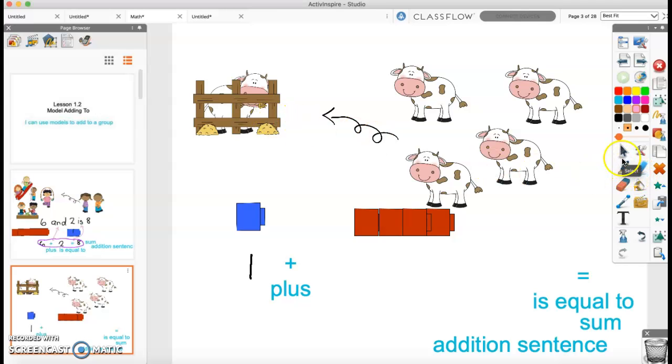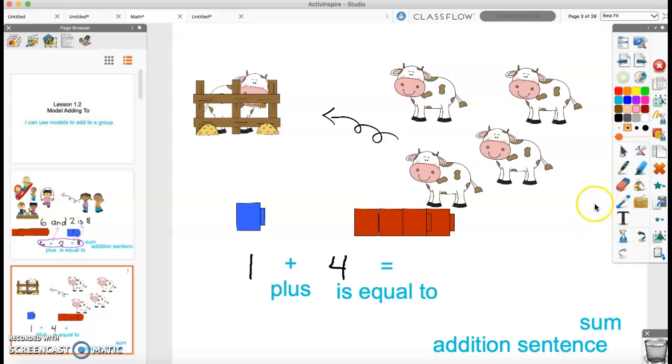I say plus, and I had 1, 2, 3, 4 more cows want to go in. And that is what we say is equal to, and I'm going to count them all together. 1, 2, 3, 4, 5. I can even move my cubes together and count 1, 2, 3, 4, 5.